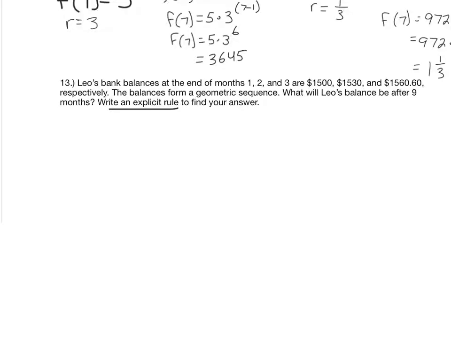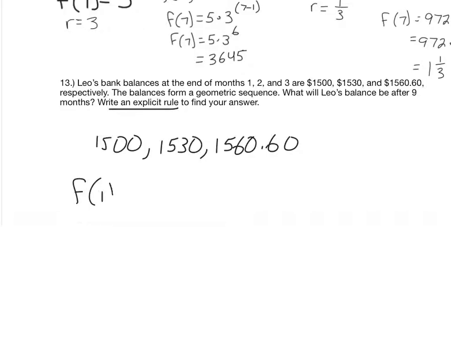So we need to write an explicit rule. So we have our first term, which is 1,500. Our next term is 1,530. And our next term is 1,560.60. So we already have our first term, which is one key component that we would need to write an explicit rule. To figure out what the common ratio is, you would just take 1,530 and divide it by 1,500.